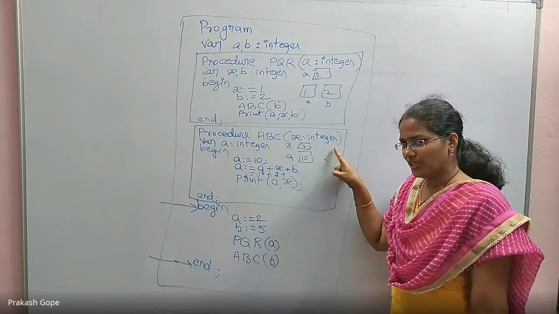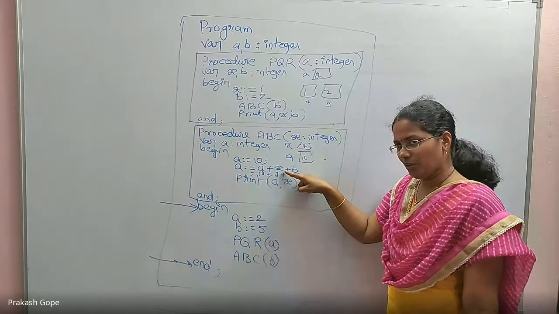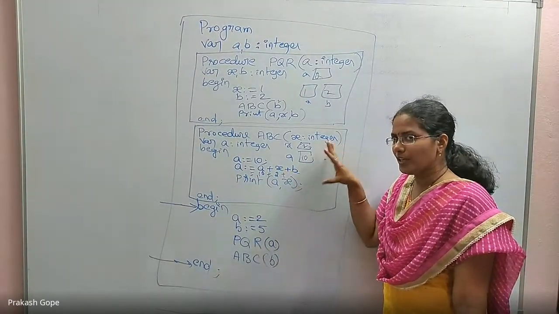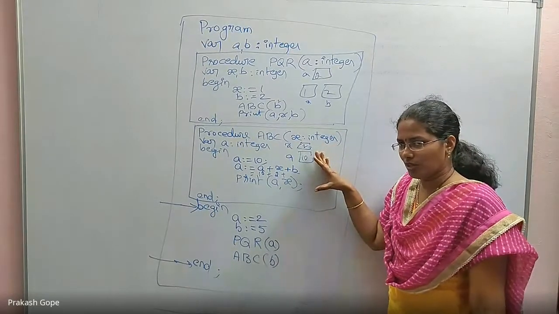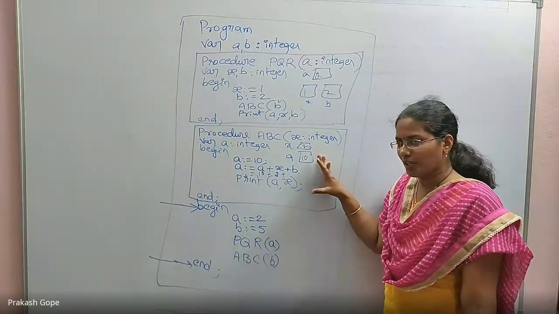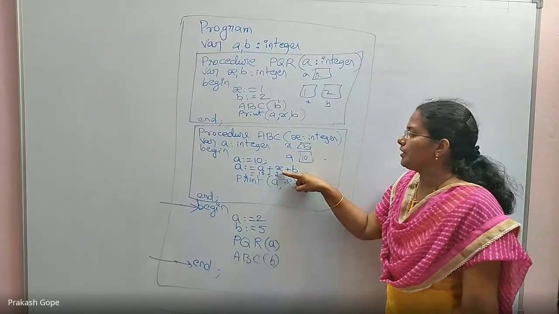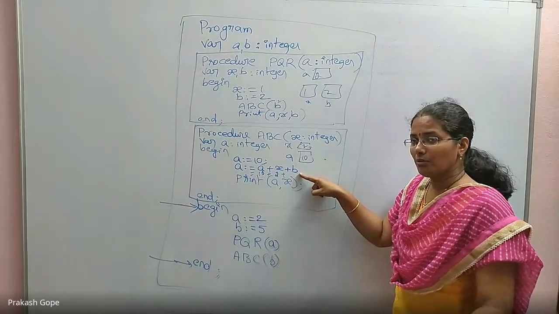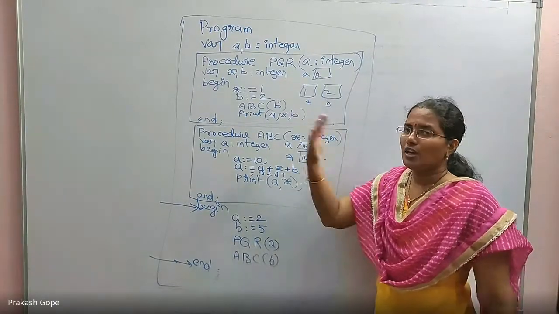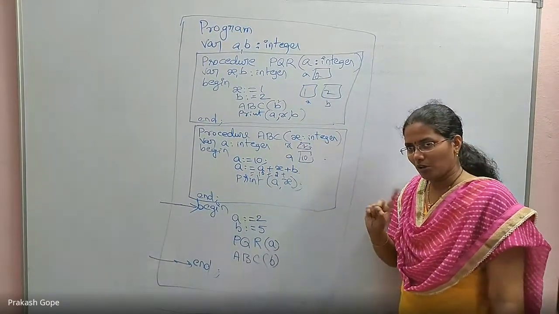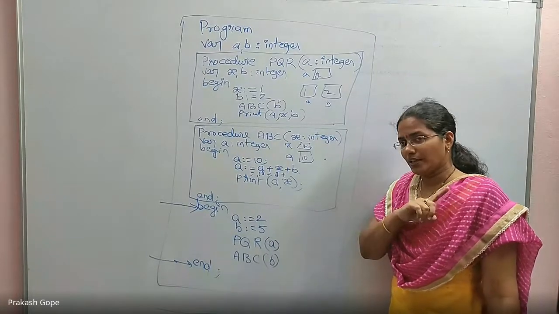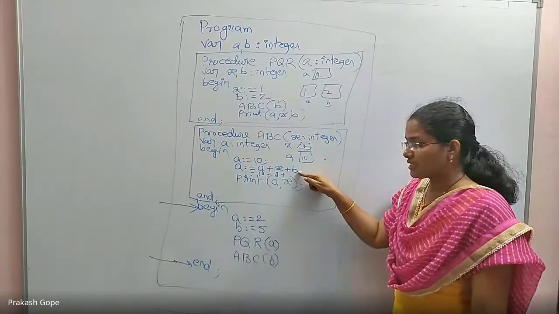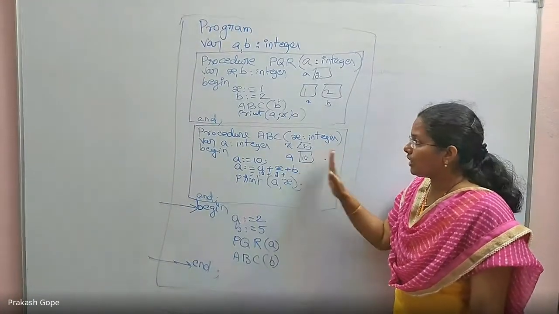Dynamic scope says, whenever you access a variable, first priority is for the locally declared variable, similar to static. If you do not find it locally, then you should access the variable from its calling environment, not the outer block. Outer block is static scope.